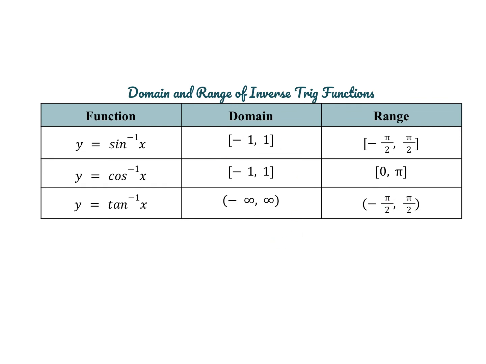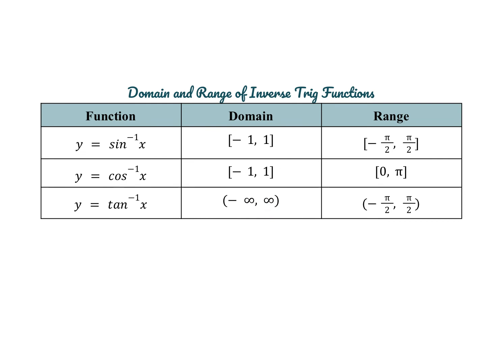For our domain, the domain of arcsine and arccosine was the range of our original function, which is negative 1 to 1. So you can always ask yourself, what's the range of sine and cosine? That becomes the domain of arcsine and arccosine, because remember, domain and range are swapped for the inverse function. And then the domain of arctangent is all real numbers.